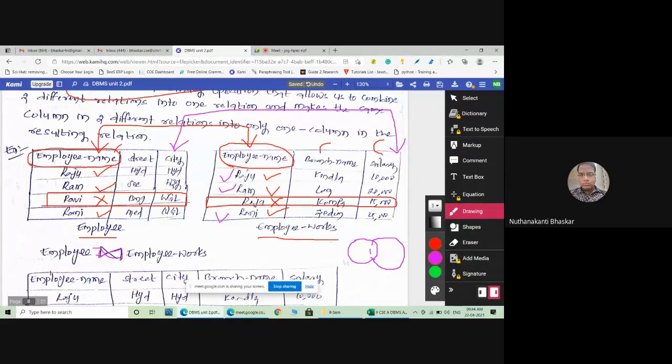But the problem is when we want the salary to be greater than 15,000. I want to display city as well as salary, and the salary must be greater than 15,000. So now we need a join operation because we want to join employee and employee works along with some condition. So this is a conditional join, or theta join.